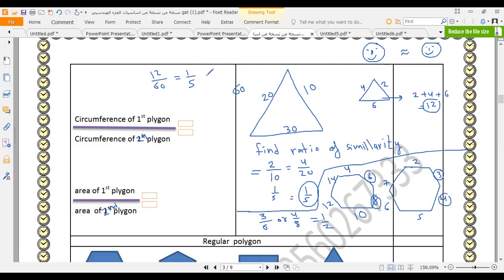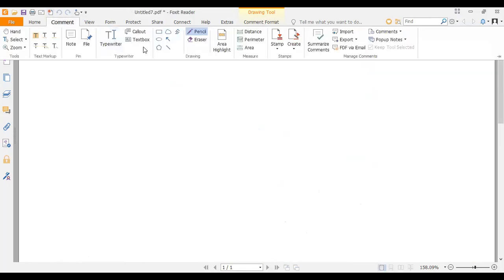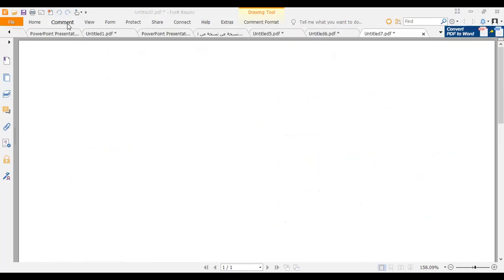I finished. Okay. Now let us see what the benefits are here. So I will open a whiteboard. Now I will work on the triangles because it is easier now. So this triangle and this one, okay.